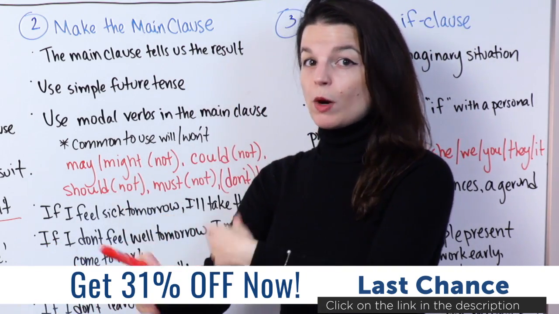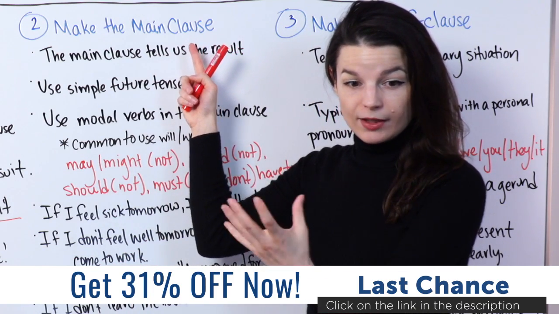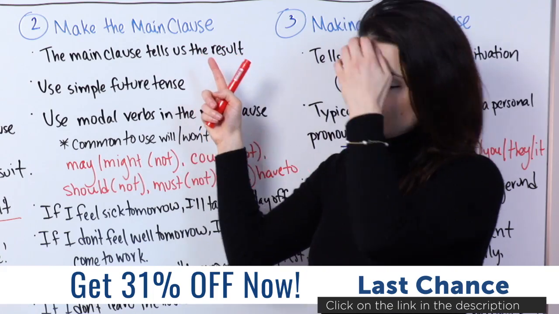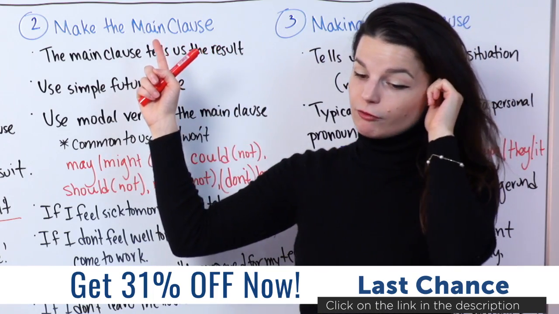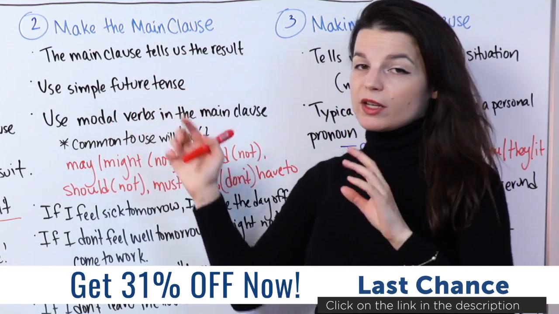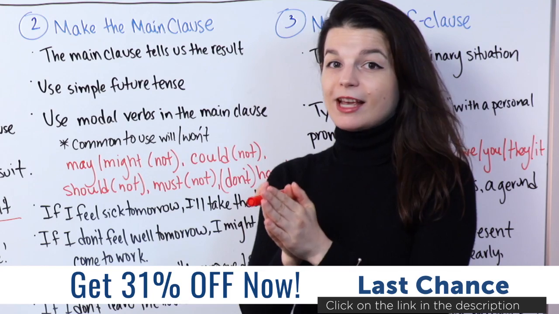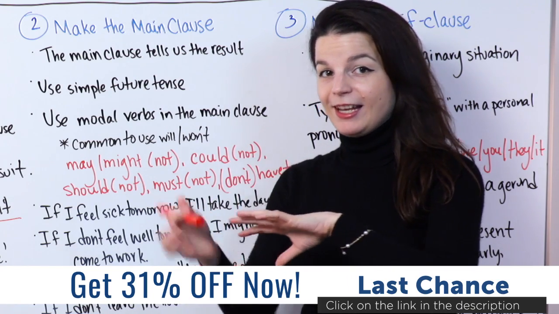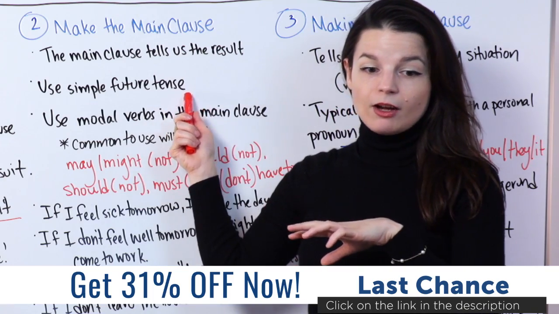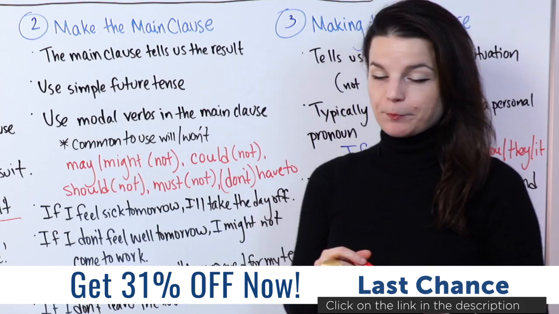What's the result? What might happen? What's going to happen? The main clause tells us the result of the situation. So for first conditional sentences, we use simple future tense. Again, yes, there are different types of conditionals that use different tenses in the main clause. Today, first conditional, we're going to use simple future tense.